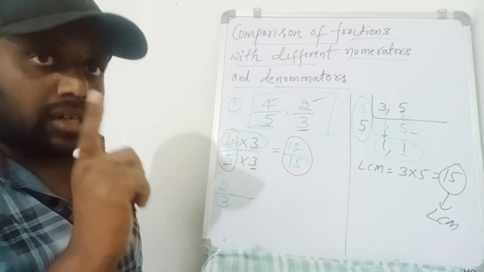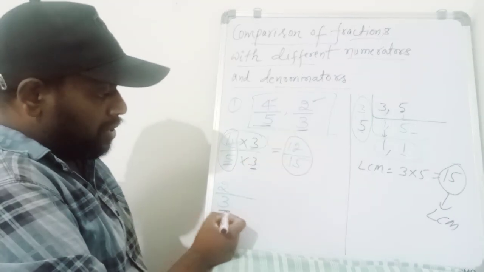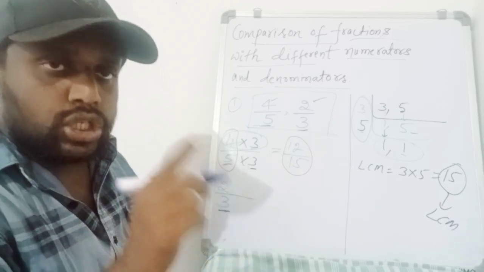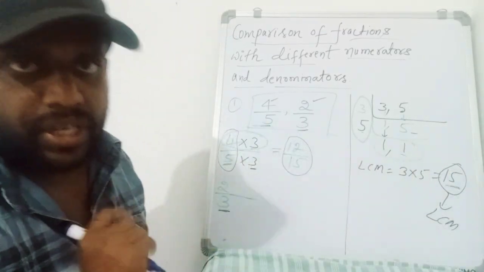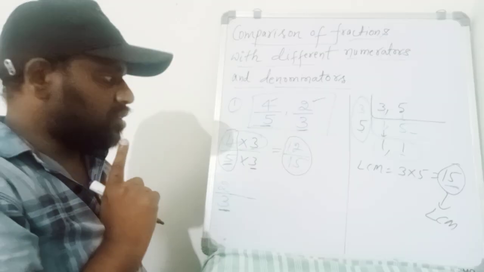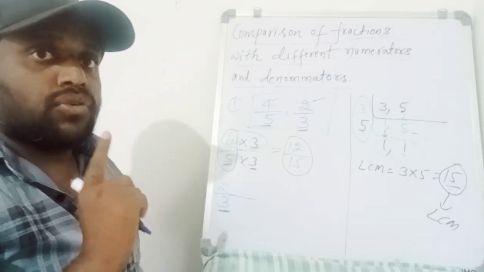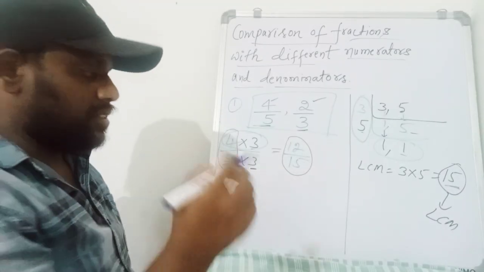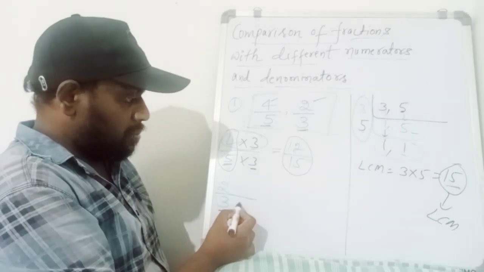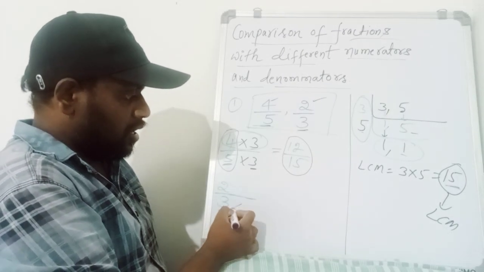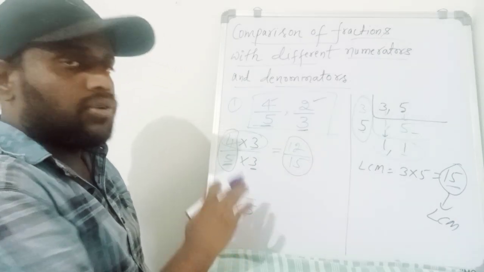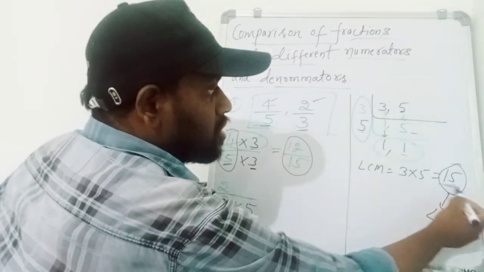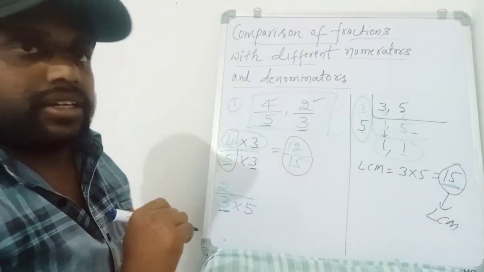When you multiply that number with this denominator 3, you should get this LCM value, 15. Which is that number? 5, right? When you multiply 3 by 5, 3 5s are 15. This LCM value 15 we will get.